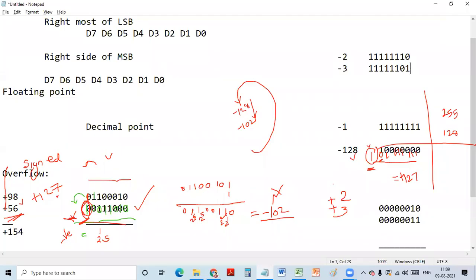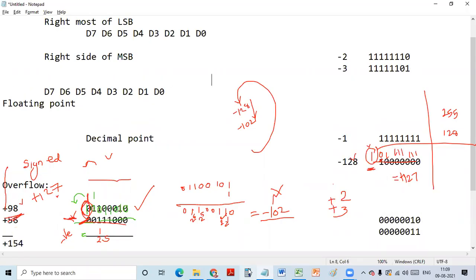Minus 2 and minus 3. You can check even with the calculator: FF, FE and FD. Correct. Now perform addition of minus 2 and minus 3. Two negative numbers we are adding.